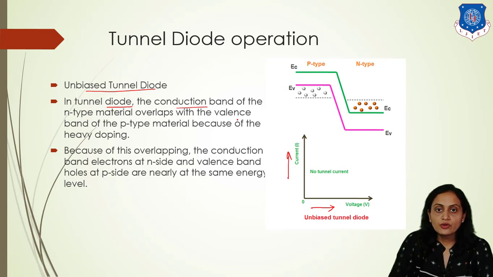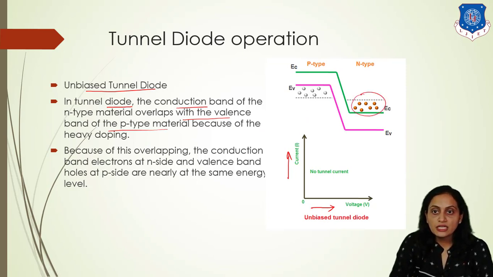In the tunnel diode, the conduction band of the n-type material overlaps with the valence band of the p-type material because of the heavy doping. You can see this is the conduction band of the n-type material and this is the valence band of the p-type material. Electrons are in the conduction band of n-type and holes are in the valence band.